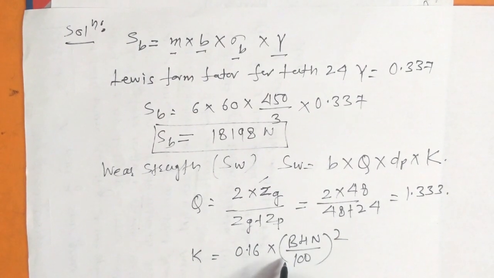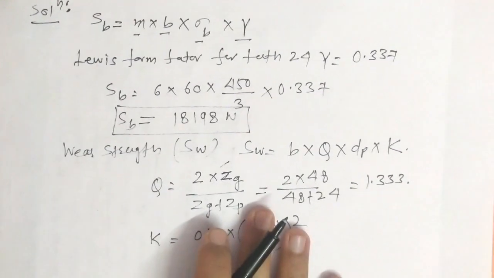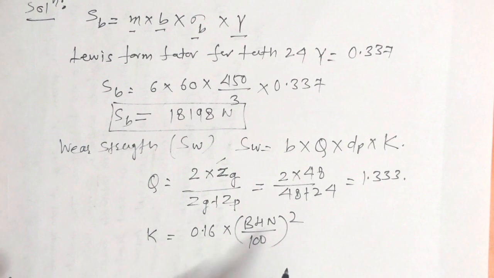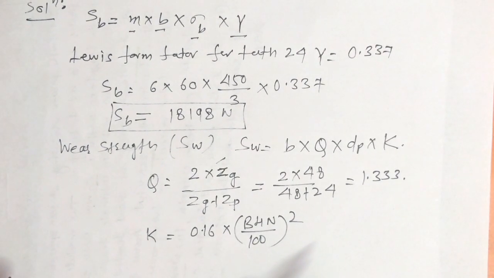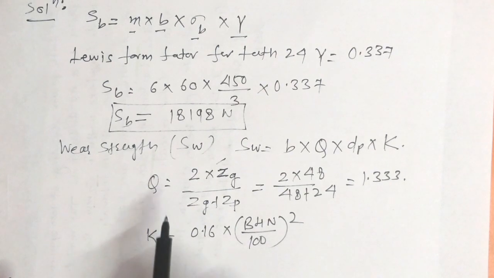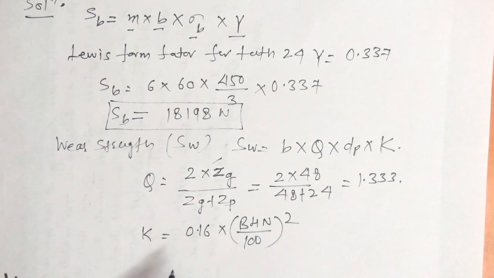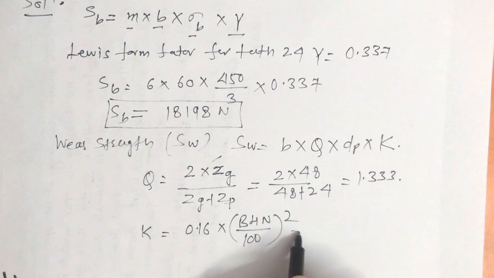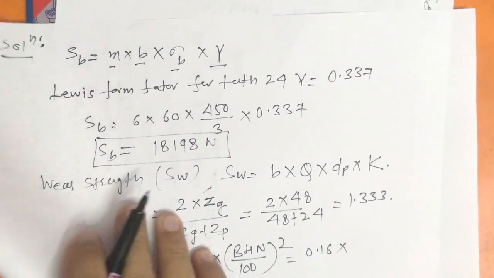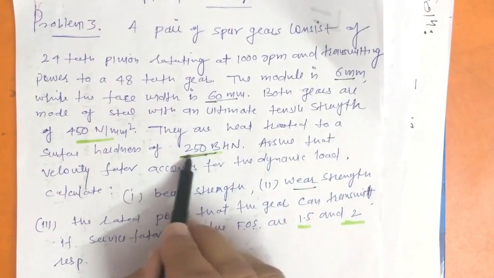We can use this formula because both of the gears are made of steel, otherwise we have to use its complete formula and replace the material property from the table and we can get the value of K. But in this problem both of the gears are made of steel, so we can use this formula. So 0.16 and BHN is given as 250.